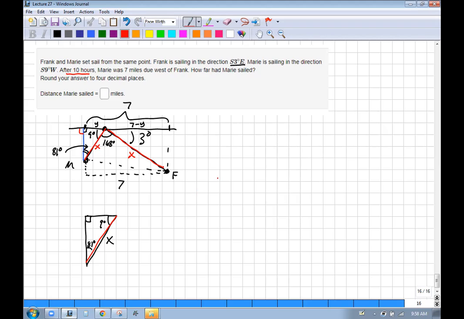So if we're assuming they sail at the same speed, then these distances have to be the same. But that doesn't make sense, because wind only blows in one direction. And so if they're going in different directions, they'd be going at different speeds, wouldn't they? I mean, I don't know much about sailing, but I kind of understand physics.